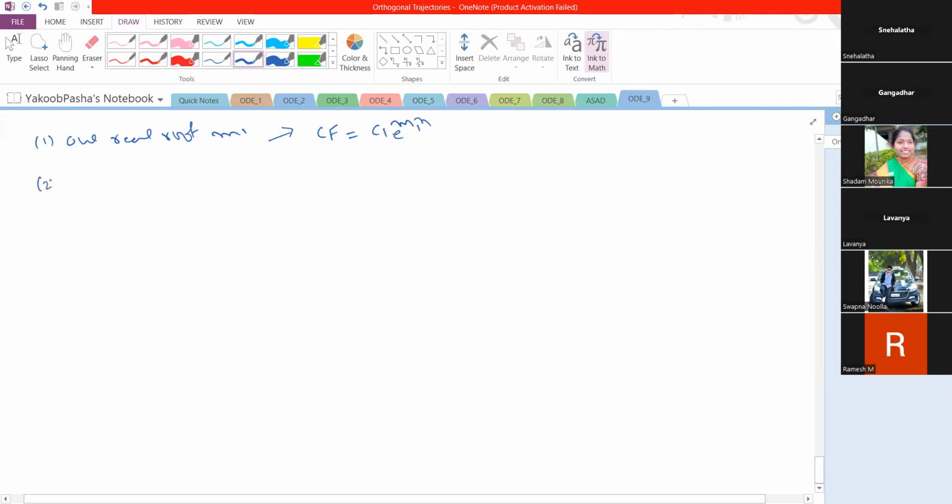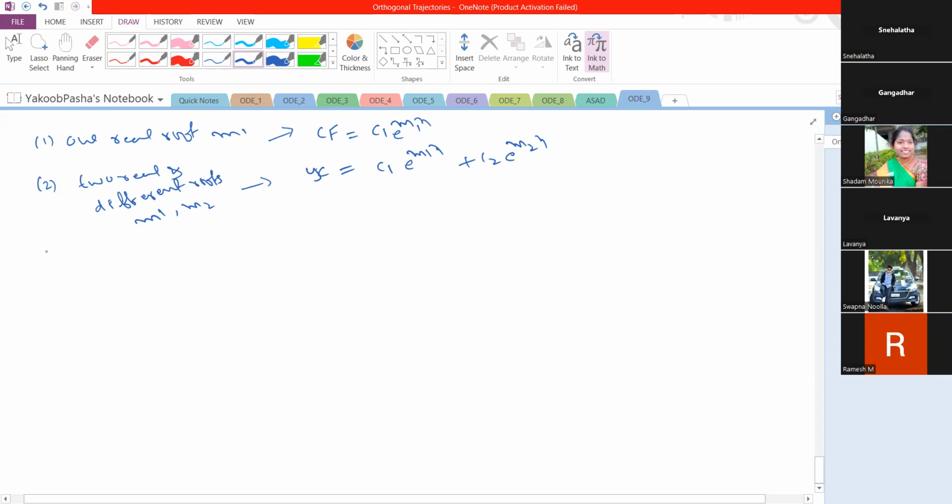For two real and different roots, say m1 comma m2, the corresponding complementary function, that is CF or yc, is C1 e to the power of m1x plus C2 e to the power of m2x.